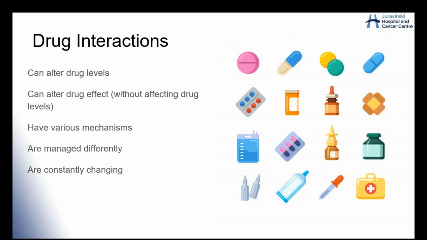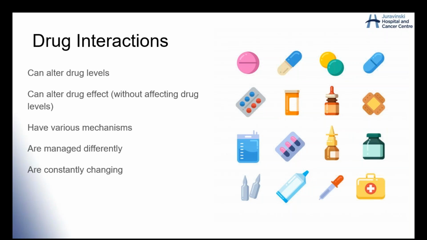Drug interactions have various mechanisms, like we're going to see when we go into those details. A mechanism of an interaction is really how and why the interaction happens. These mechanisms are sometimes known to us, we know why these interactions happen, and sometimes are unknown. And sometimes there are multiple mechanisms between two interacting drugs.